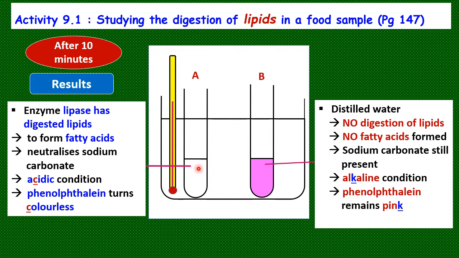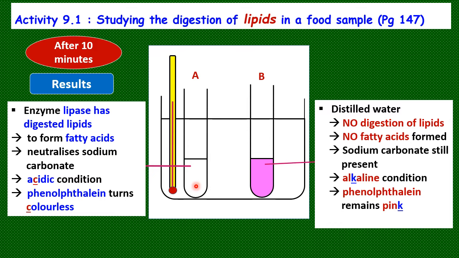The enzyme lipase in test tube A has digested the lipids to form fatty acids, and these fatty acids neutralize the sodium carbonate in test tube A, which is alkaline. So the pH of the mixture is reduced from pH 10, and lowers to pH 8.4, 8.3.